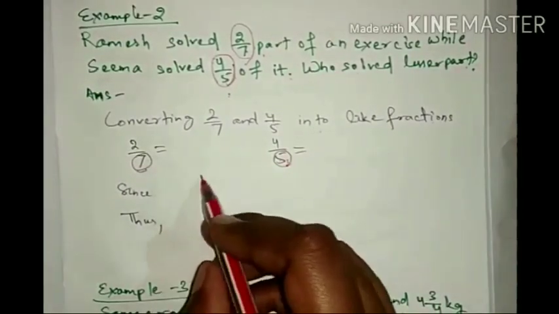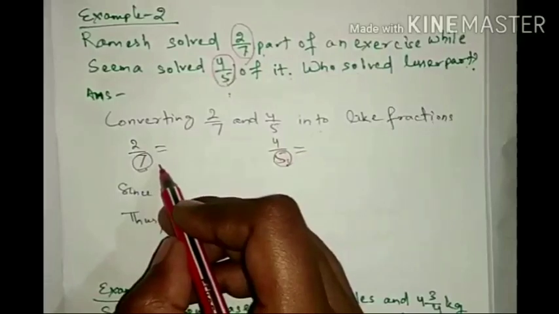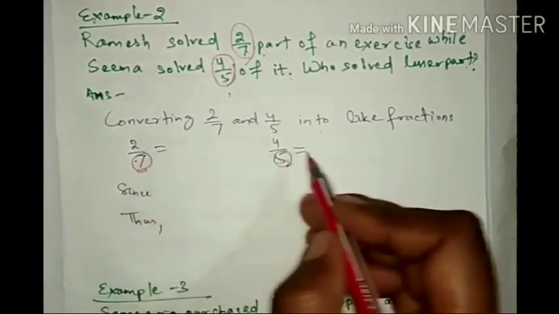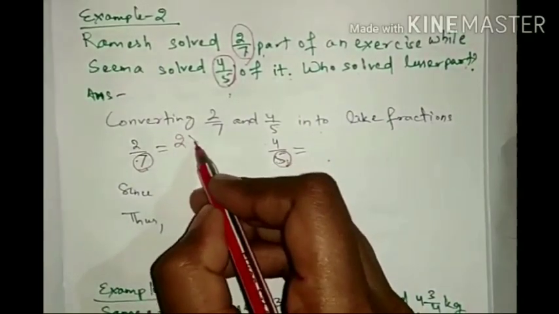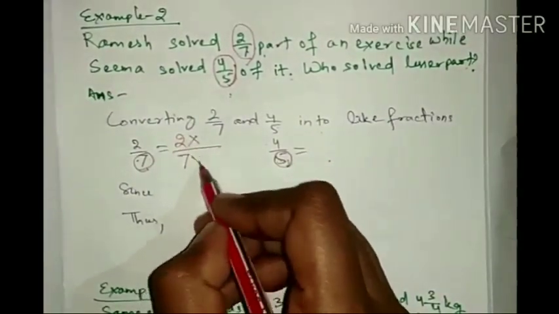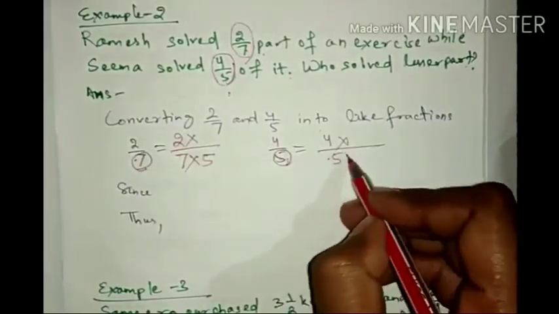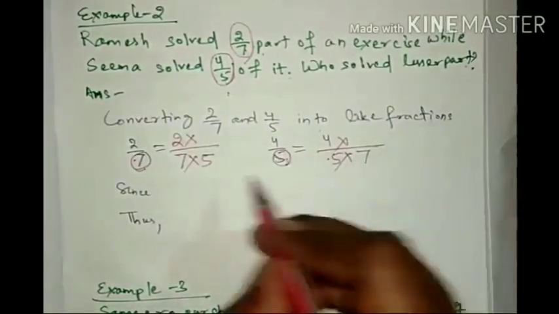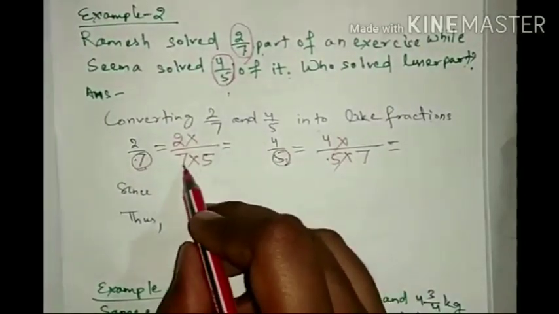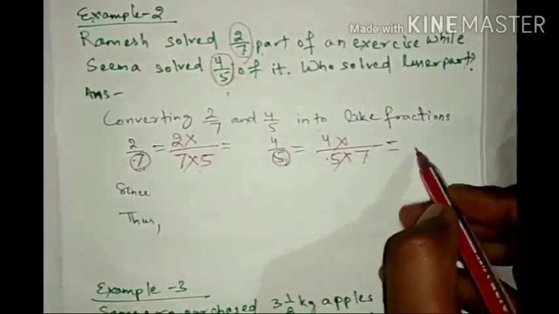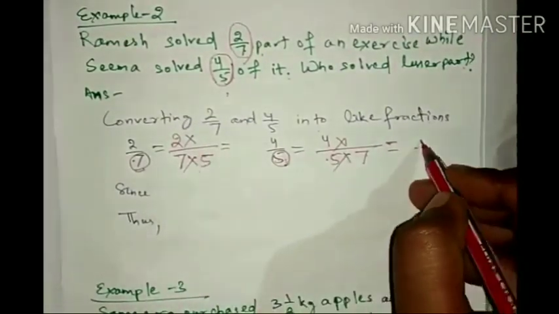If we have to make the denominators equal, I have to multiply here by 5 and here by 7. So 2 into 5, and 4 into 7. I get the denominator 35: 7 into 5 is 35, 5 into 7 is 35. Equal denominators, so that I can get like fractions.